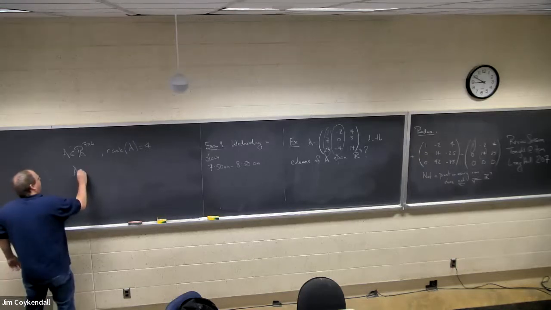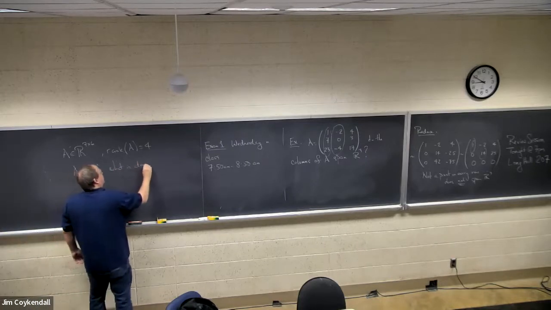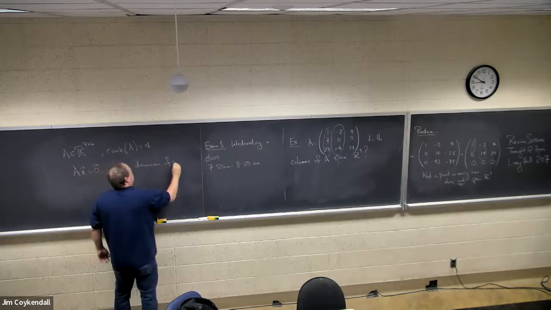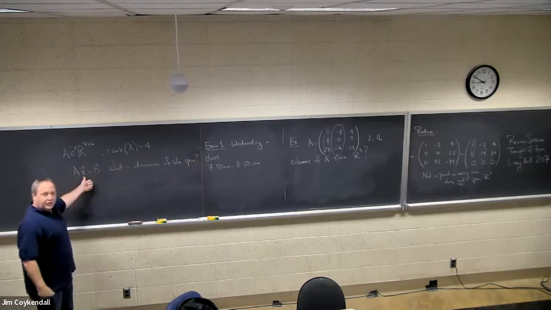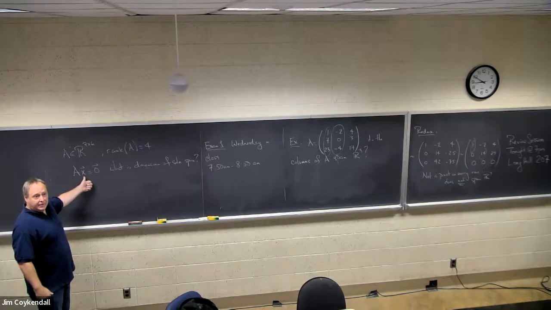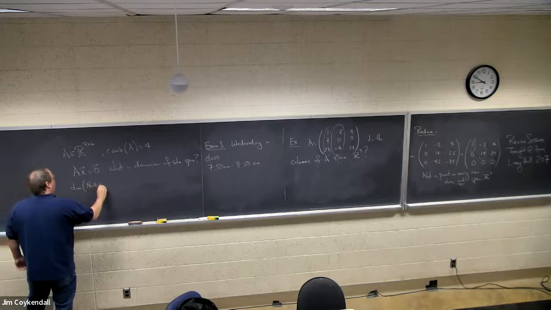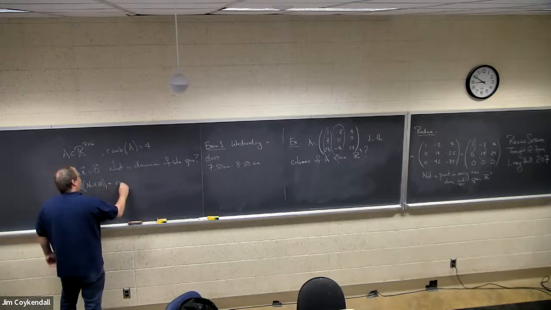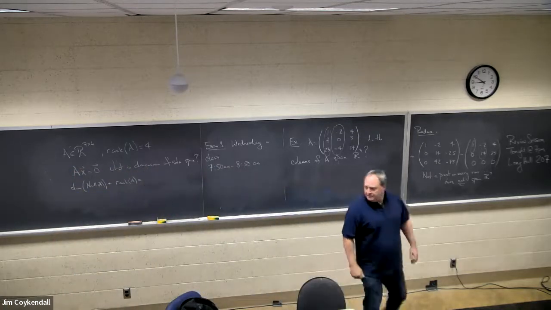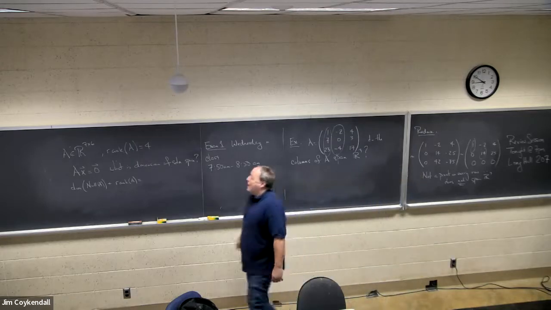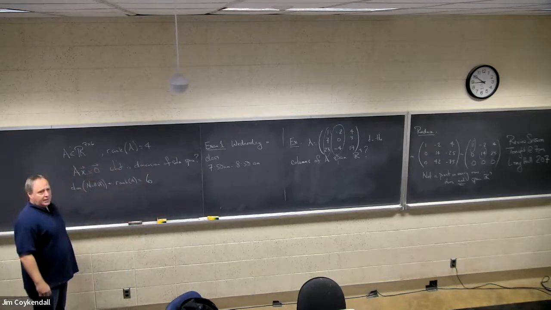Okay. What they're asking you for is the null space. And the dimension of the null space of A plus the rank of A is equal to, this is important, what? 6, the total number of columns. Do I agree with them?